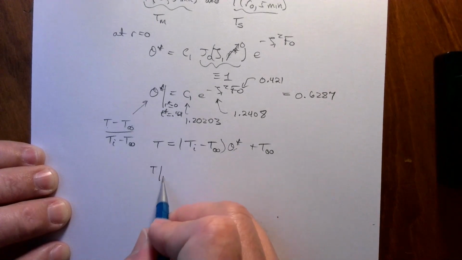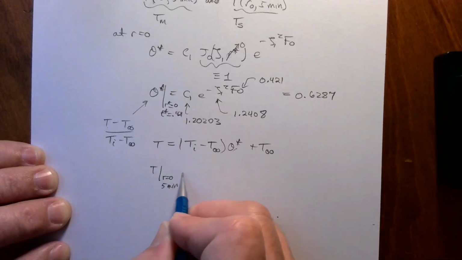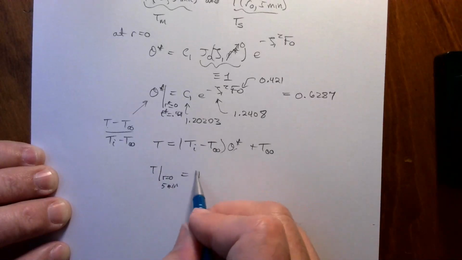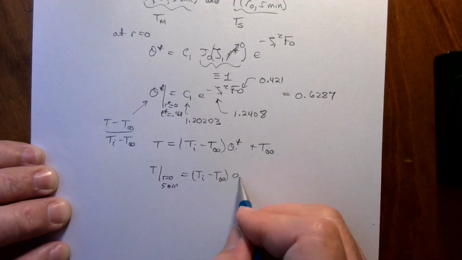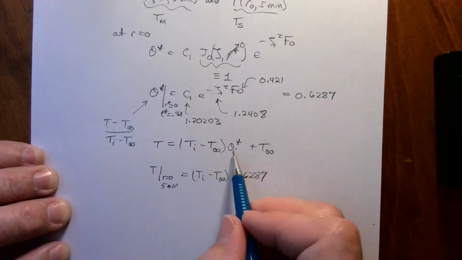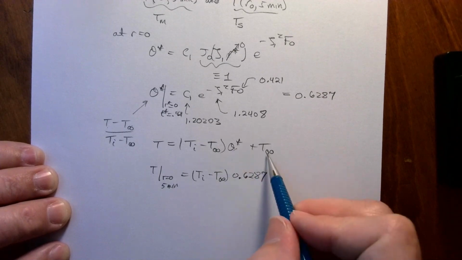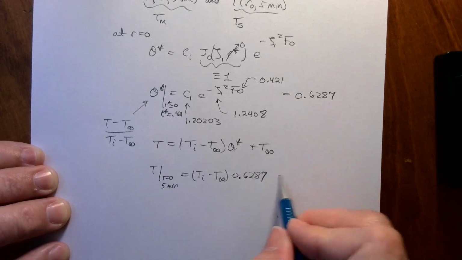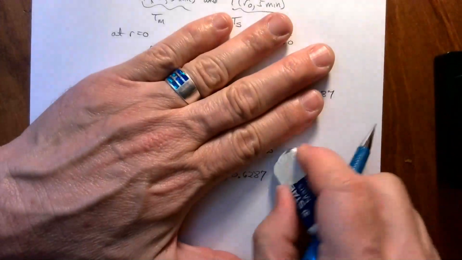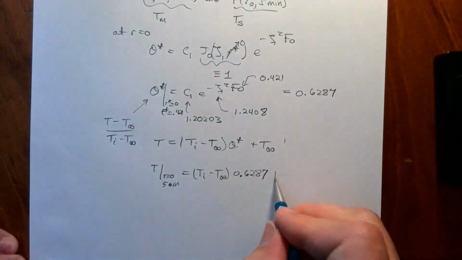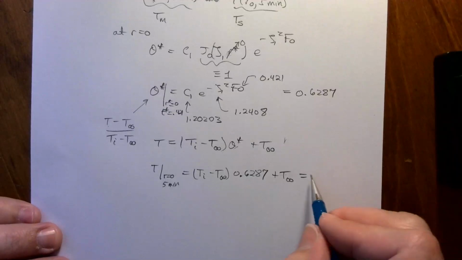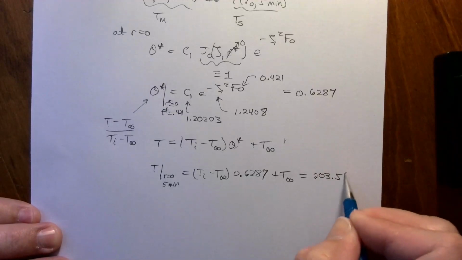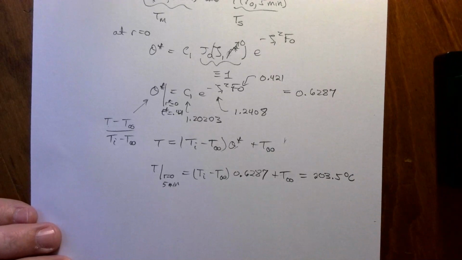So temperature at r equal to 0 and 5 minutes is now equal to Ti minus T ambient times 0.6287 in place of this theta star, plus T ambient. This comes out to be 203.5 degrees C.